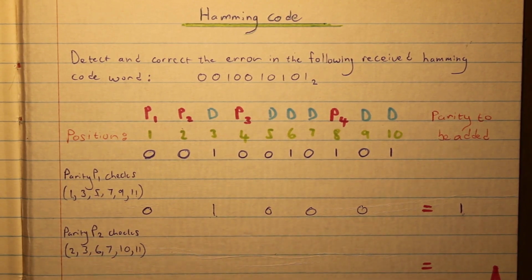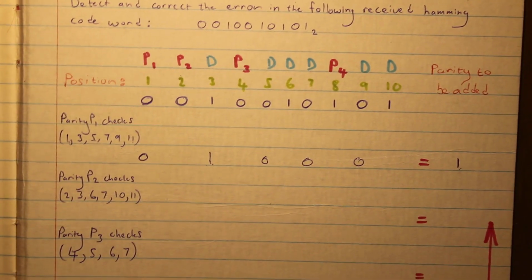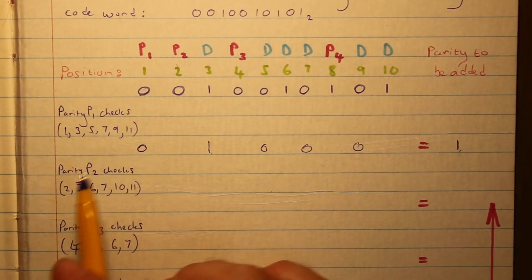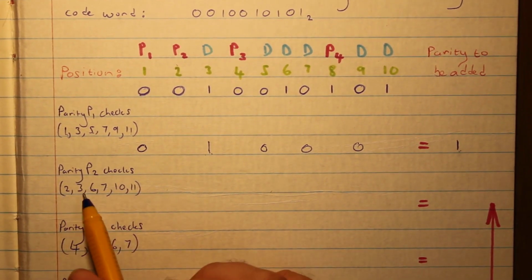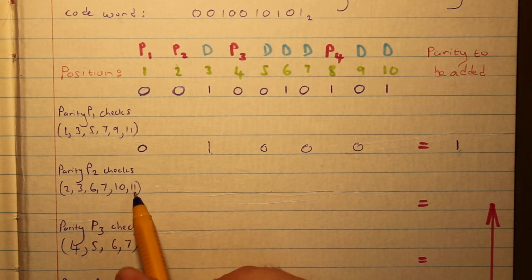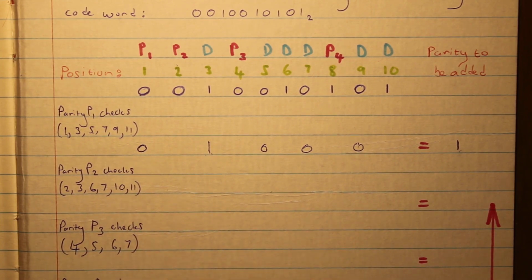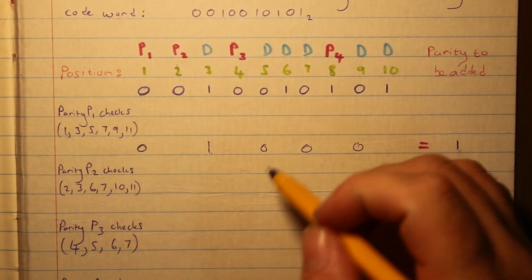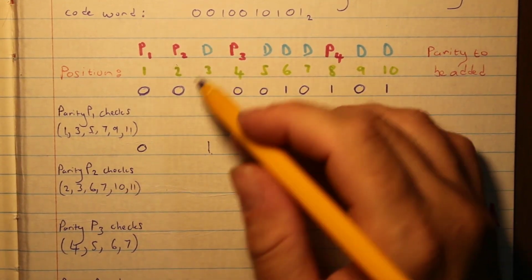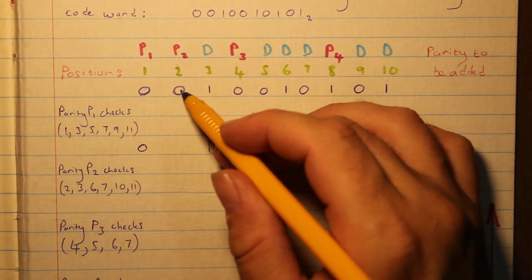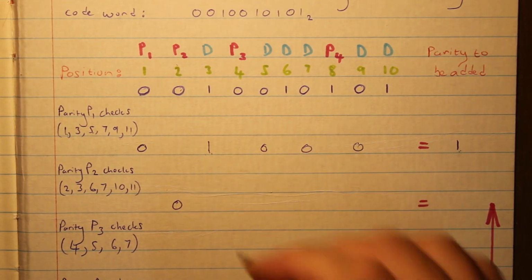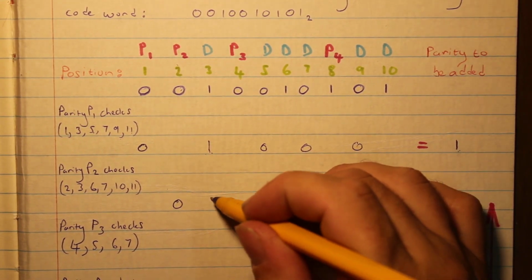So now they want you to do P2 parity checks, which is 2, 3, 6, 7, 10, and 11. All right, and let's transfer that data now. So in position 2 we got a 0. In position 3 we got a 1.